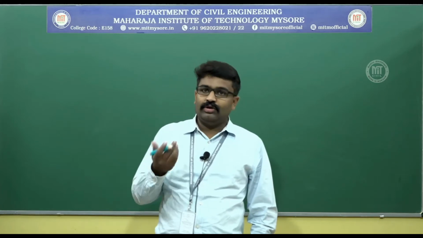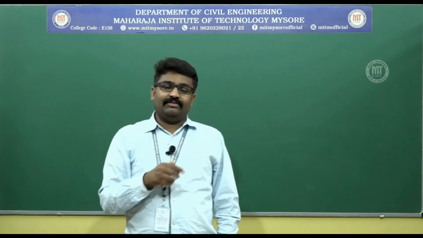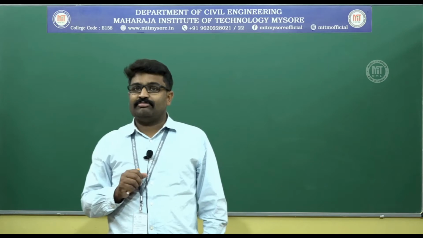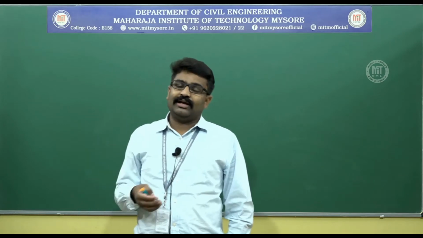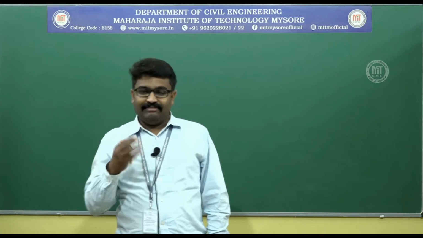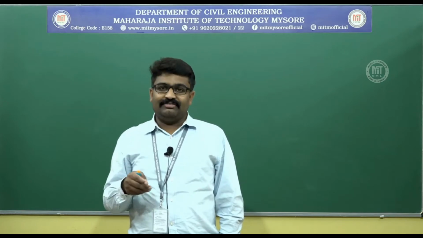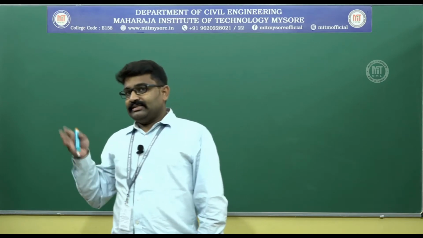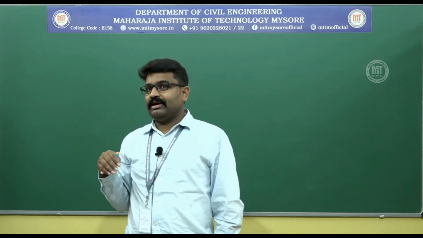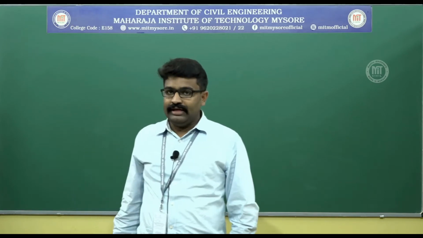In other terms, once X is given, which is the differential manometer reading of 20 centimeter of mercury, using that also you can calculate H, because when mercury or a heavier liquid is used in the manometer for finding the pressure difference, H is equal to X into specific gravity of heavier liquid divided by specific gravity of the liquid in the pipe minus 1. Using this, you can now find the solution.